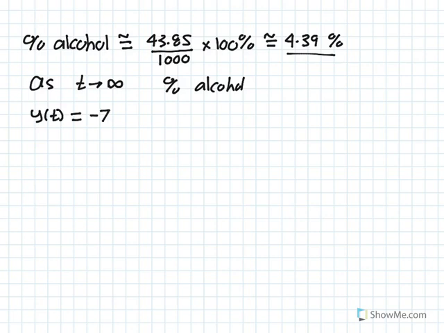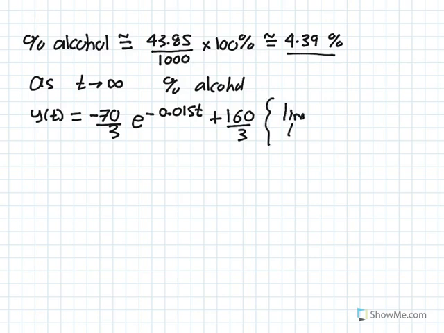y of t is equal to minus 70 divided by 3 e to the minus 0.015t plus 160 divided by 3. If we take the limit as t goes to infinity of y of t, the negative exponential is going to approach 0 because we get e to the power of minus infinity.